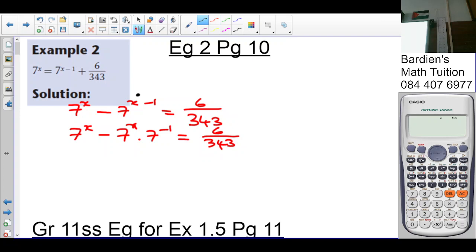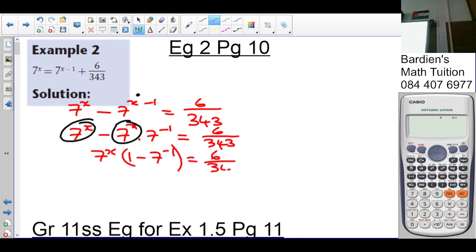We take out the common factor. What's the common factor? 7 to the x. What are we left with? 1 minus 7 to the negative 1 equals 6 over 343. Now 7 to the minus 1 is 1 over 7, and 1 minus 1 over 7 is 6 over 7.